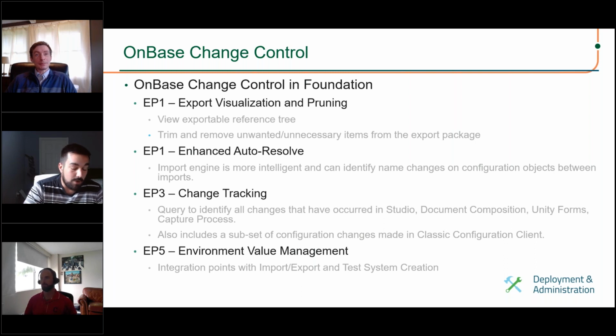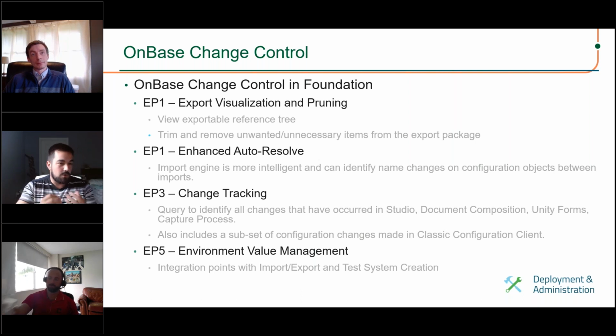We also created a brand new utility, similar to what you mentioned there, John, with I just go into production and make a small change, or I'm in dev and I make a handful of changes. We created a brand new utility called change tracking, which is also exposed through OnBase Studio with track changes, I believe is the button. It's up there on the ribbon as of EP3.